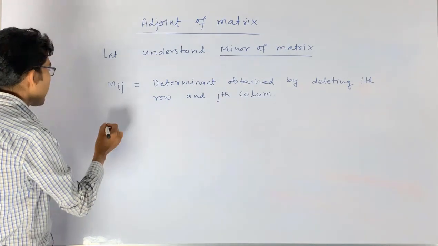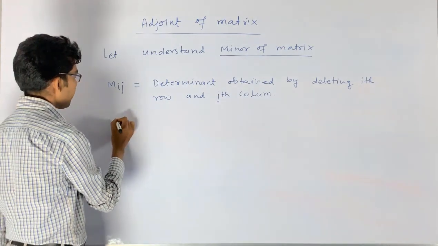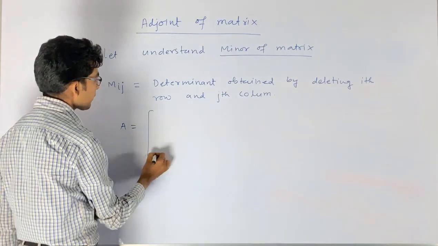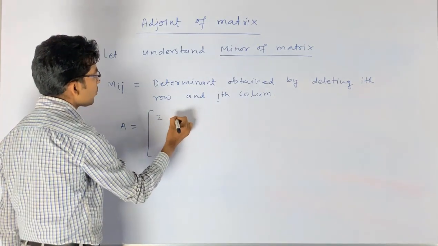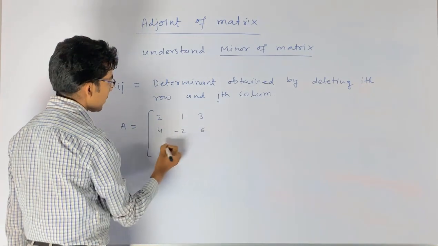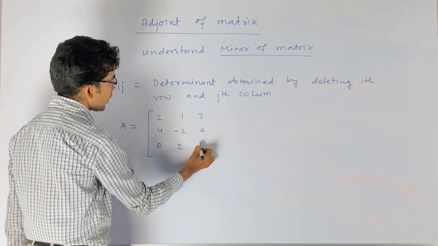So let's take an example. Let A be a matrix having elements 2, 1, 3, 4, -2, 6, 0, 2, 1.